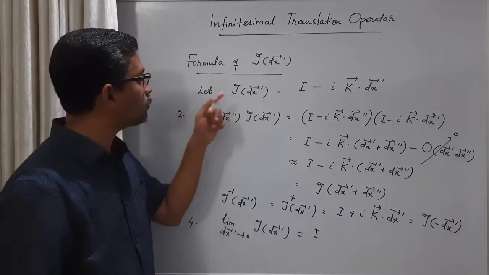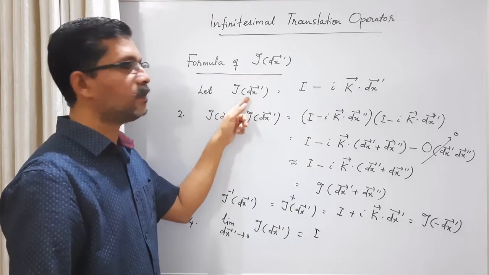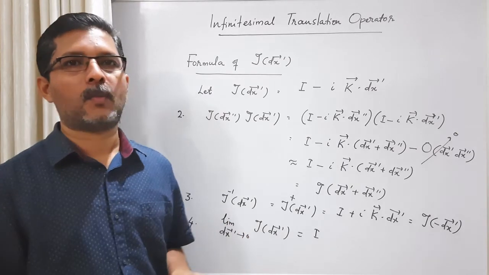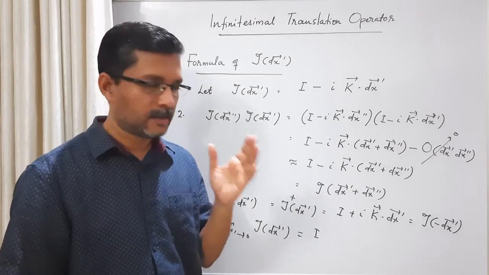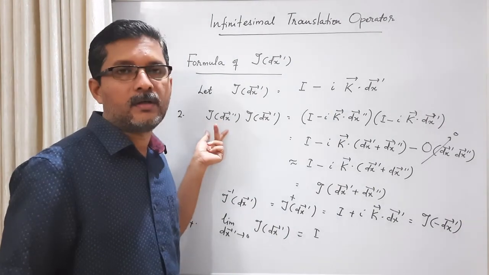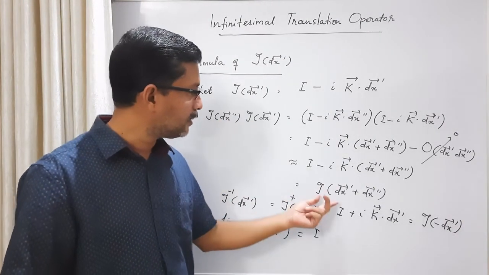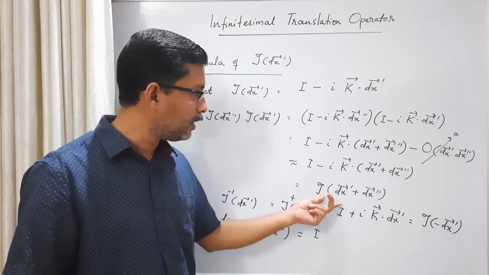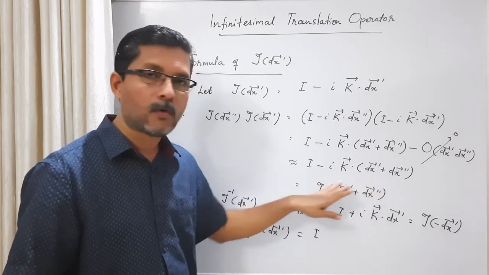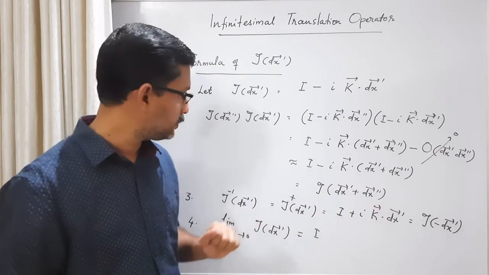So if you postulate this formula for the infinitesimal translation operator, this proves all the four fundamental properties of the infinitesimal translation operator, namely it is unitary, and sequential action of two or more infinitesimal translation operators will be equivalent to another infinitesimal translation operator corresponding to the sum of all these infinitesimal displacements.